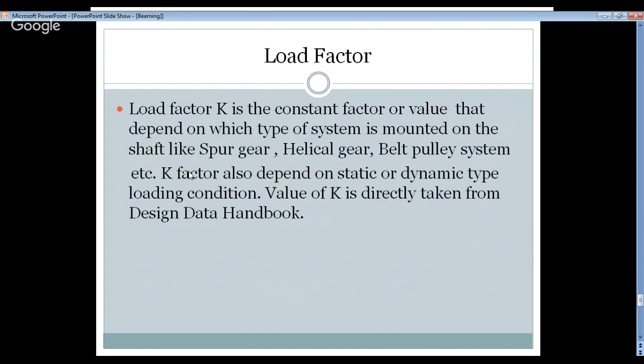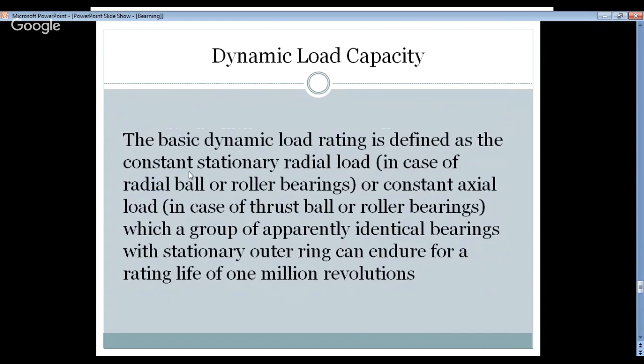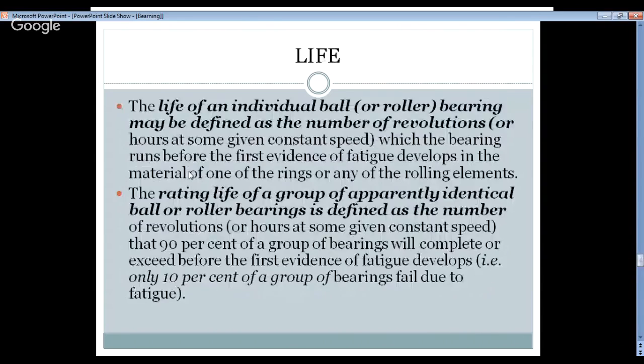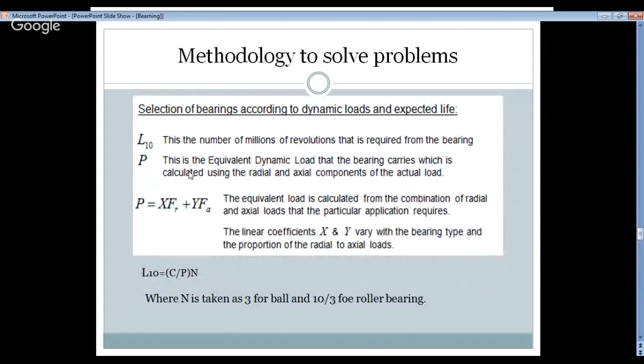Next one is load factor. Load factor K is a constant factor that depends on which type of system is mounted on the shaft. If a spur gear is mounted, the value of the factor will be separate. If we mount a helical gear, belt pulley system, or chain drive system, the value of factor K will be different. Next term is reliability.